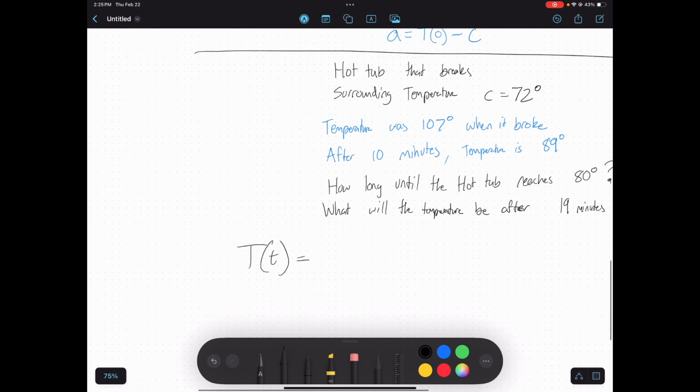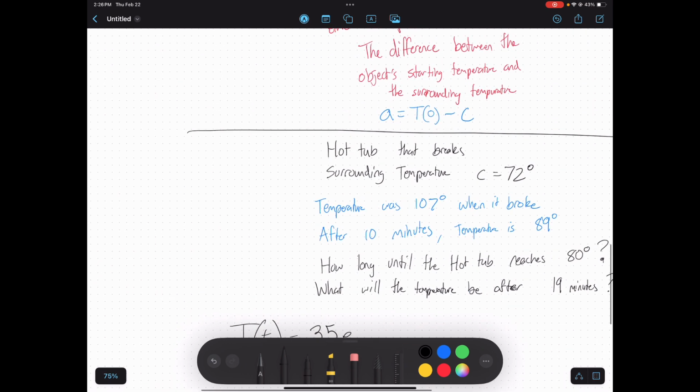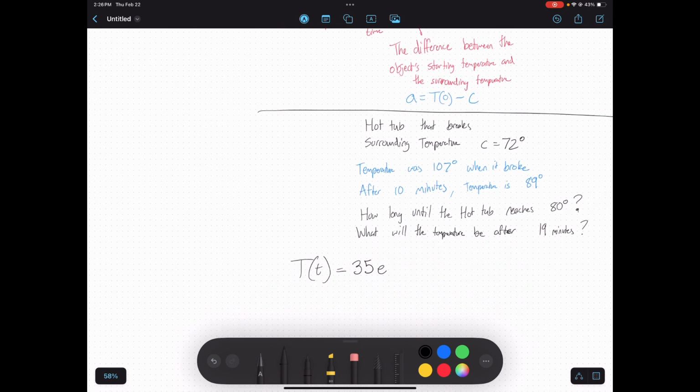If my hot tub broke at 107 degrees and the surrounding temperature is 72 degrees, that difference is 35. Okay. So I have 35 e to the, well, interesting, I don't actually have a K value. That's unknown for me right now. I don't have my rate of cooling. But I do know the surrounding temperature. So this is what I have so far.